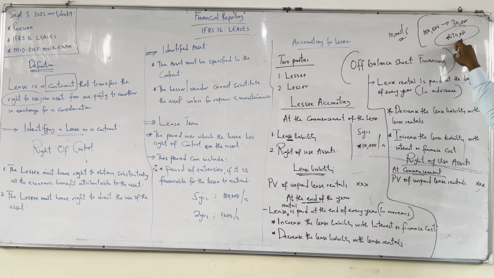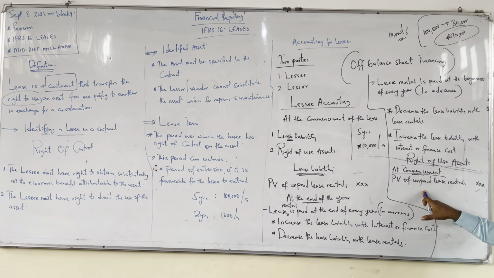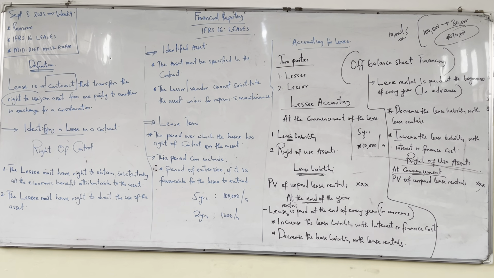So by the time you get present value of this one, which is the unpaid lease rental, that is what comes here. Abi? And the other leg comes here. But that does not show the true picture of the assets. So for us to get the true picture of the asset, we will need to consider this one that you have paid.